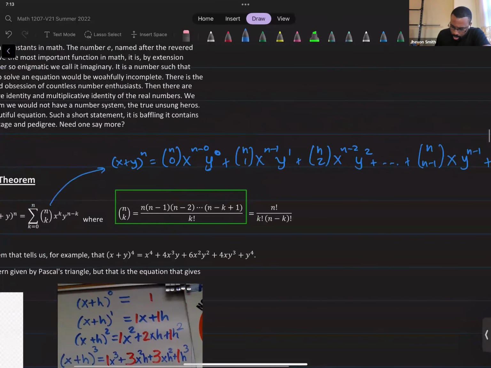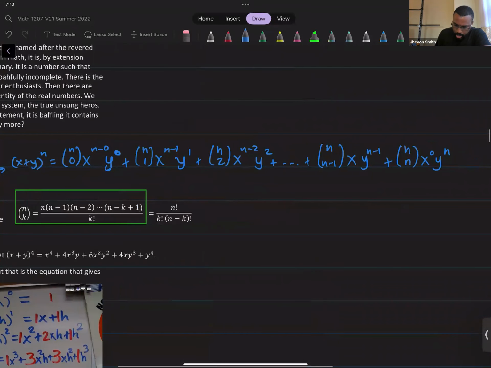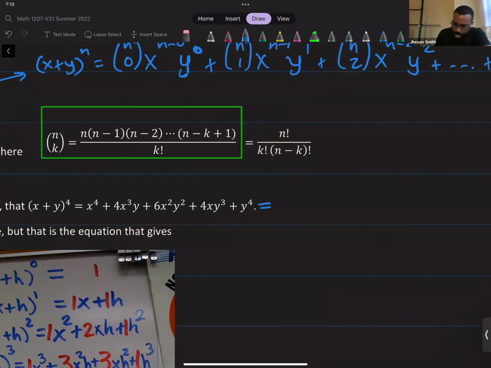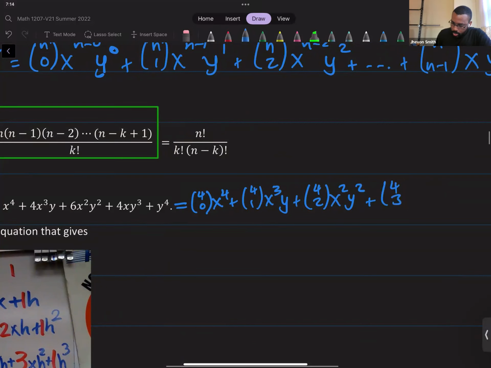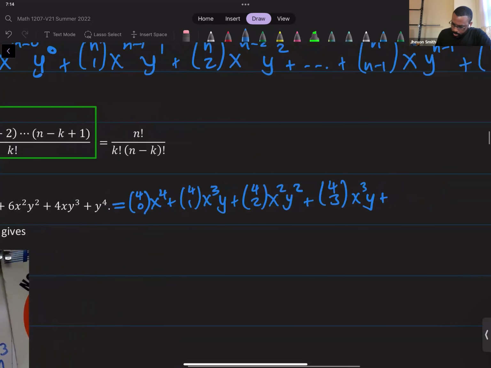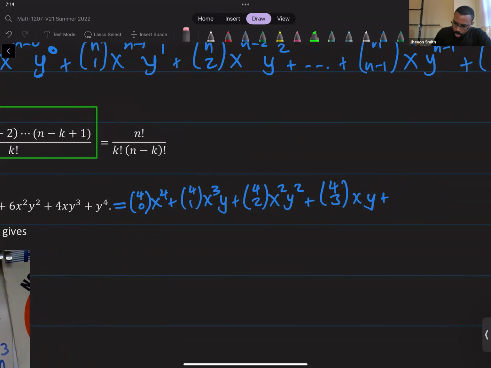So for example, with n equal to 4, this is the same as writing 4 choose 0, x to the 4th, plus 4 choose 1, x cubed y, plus 4 choose 2, x squared y squared, plus 4 choose 3, x y cubed, plus 4 choose 4, y to the 4th.